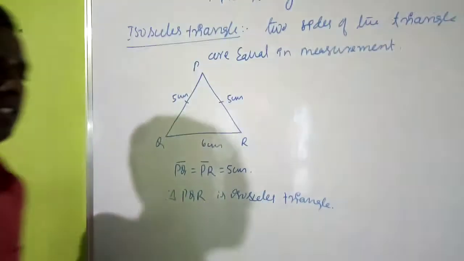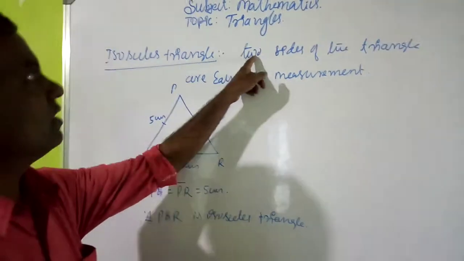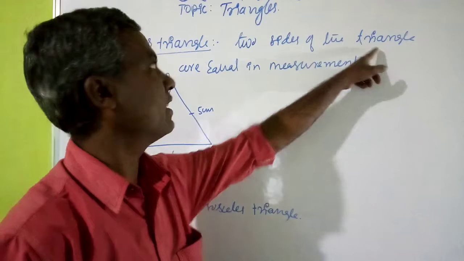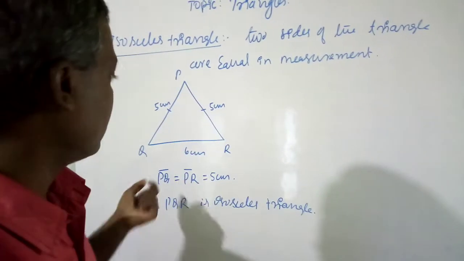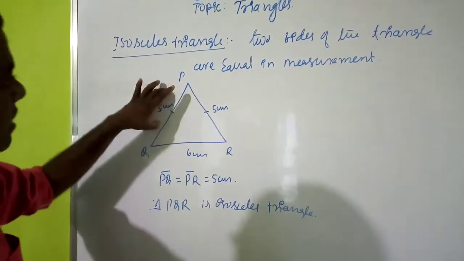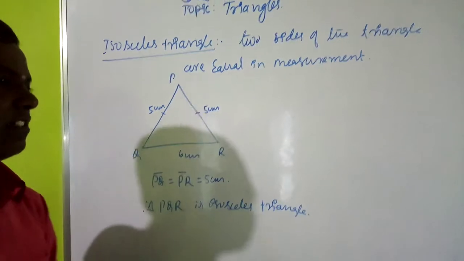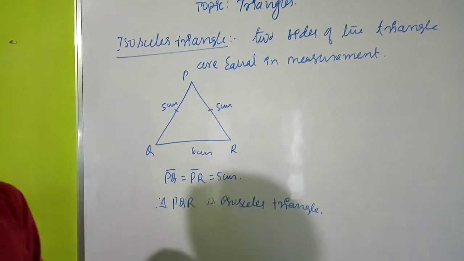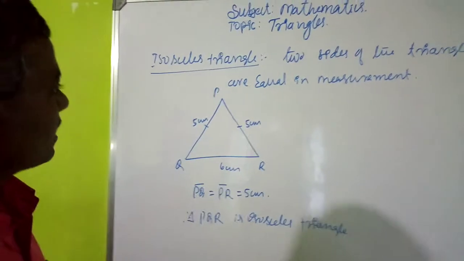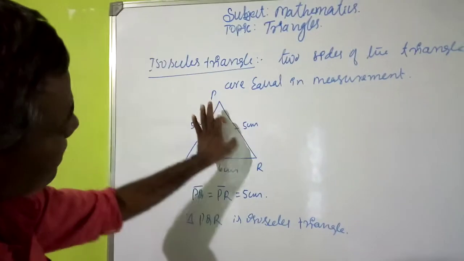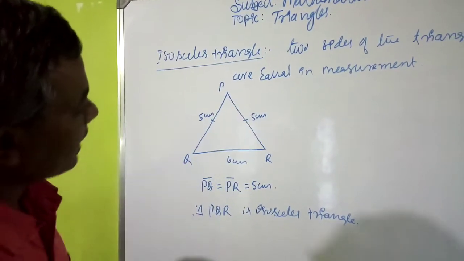Okay friends, can you observe this? An isosceles triangle means two sides of the triangle are equal in measurement. In this diagram, PQ is equal to PR, so PQR is an isosceles triangle. From this triangle we are going to take a special important theorem. These are the equal sides, and in between them an angle is formed.